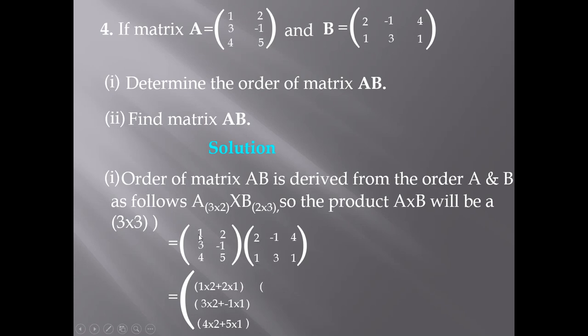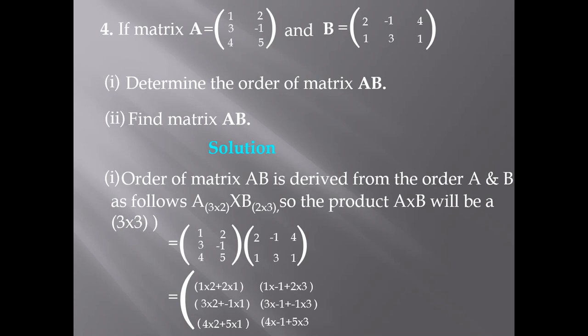Now we proceed. 1 times negative 1 plus 2 times 3. Now we come to this. 3 times negative 1 plus negative 1 times 3. Proceed. 4 times negative 1 plus 5 times 3.